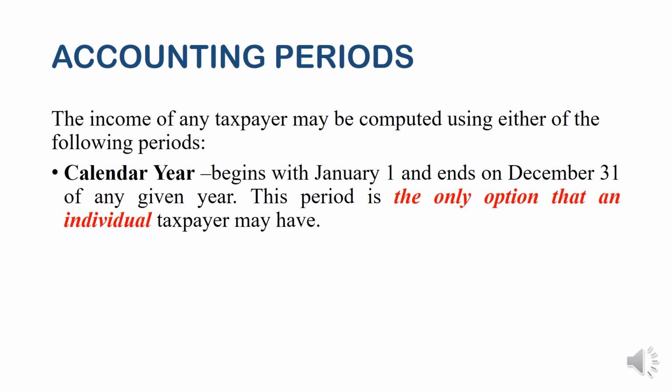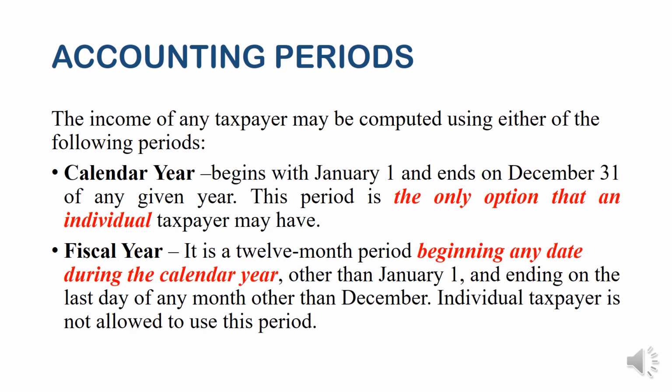So when we say individual taxpayer, this means that any natural person can only use the calendar year when computing his taxable income. Any natural person with life, of course, cannot use fiscal year. Again, only calendar year is available to him when computing the taxable income.